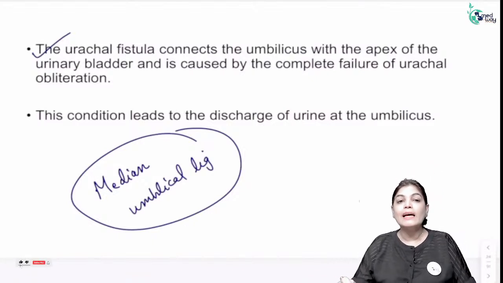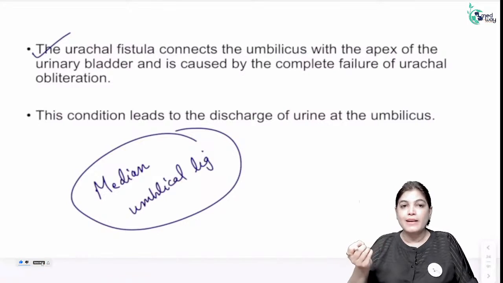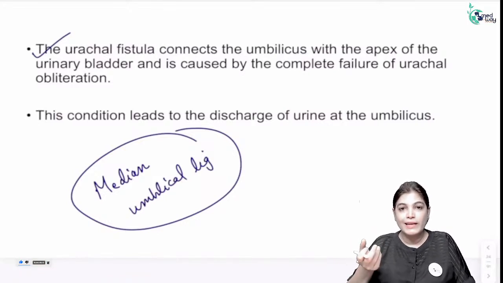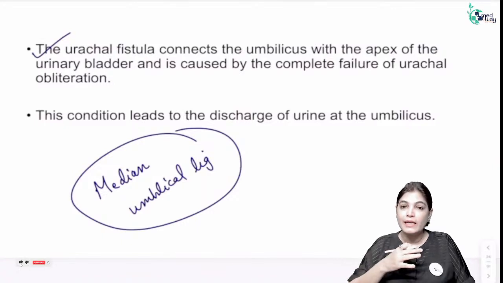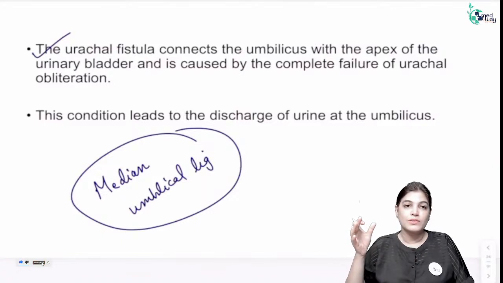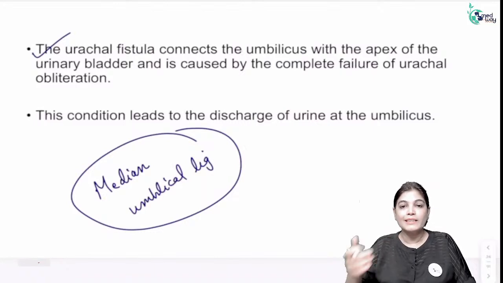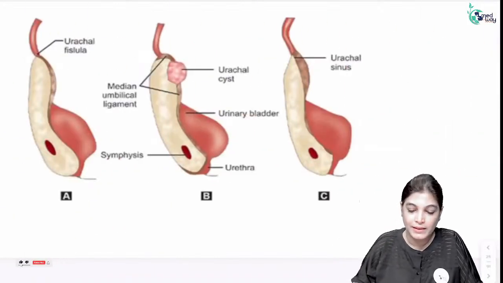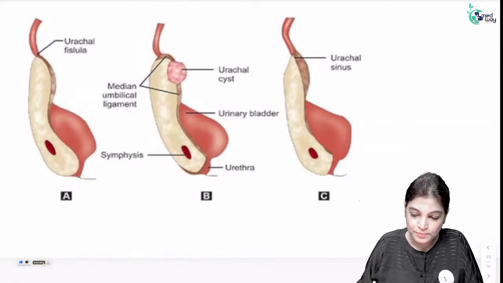If the communication is not obliterated, there is incomplete obliteration of the urachus on the median umbilical fold. It can lead to the discharge of urine at the umbilicus.